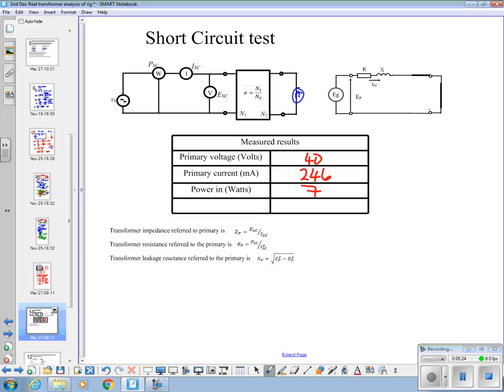Now you can use those values to do this analysis to find values for R primary and X primary that we can use in our final model to analyse the on-load conditions of this transformer. I'll pause the video here for those watching, have a go at doing those calculations.